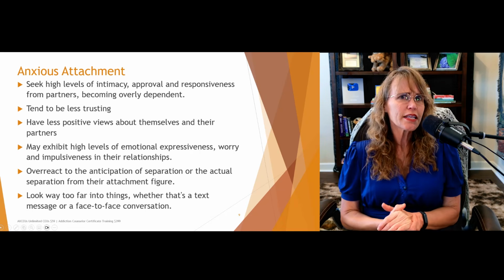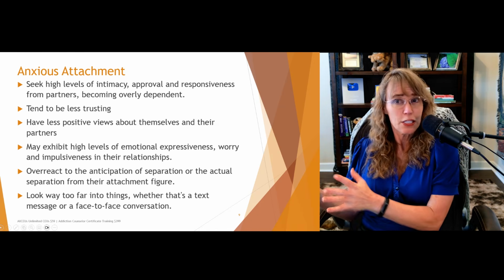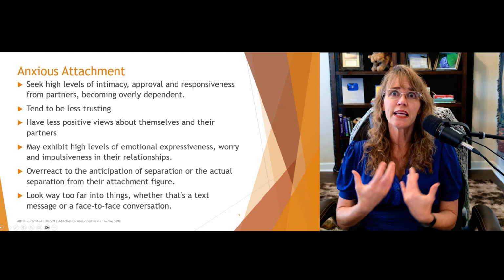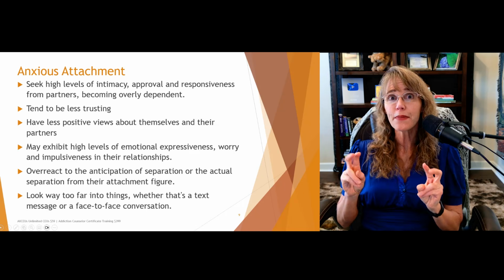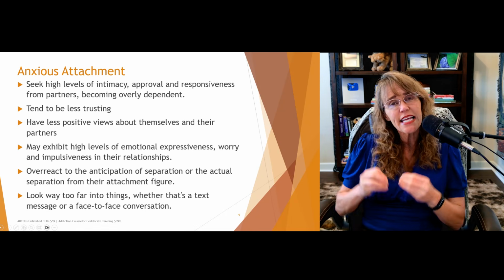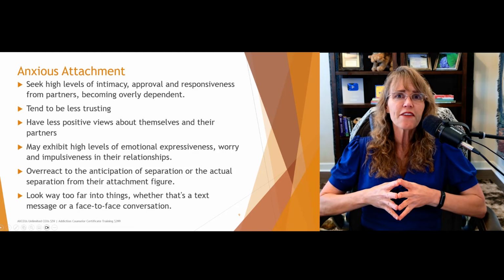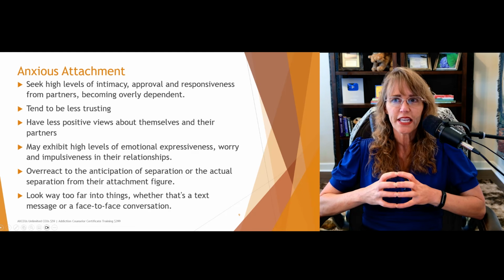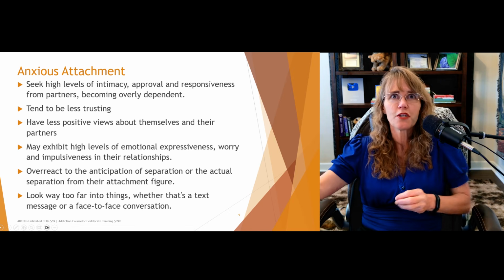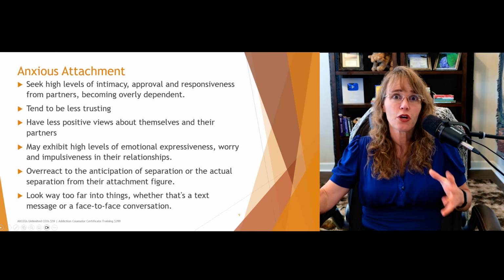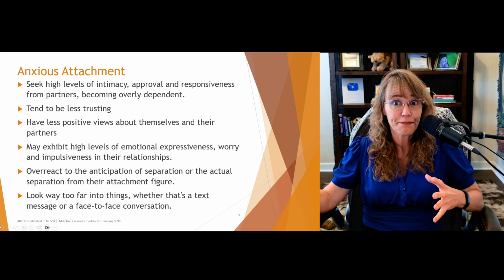And unfortunately, as we get older, especially once we become adults, the primary caregiver kind of takes a back seat and we start developing adult attachment. So this can feel very dysfunctional in adult relationships to the other person who's like, I can't be there to meet your every need and read your mind all the time.